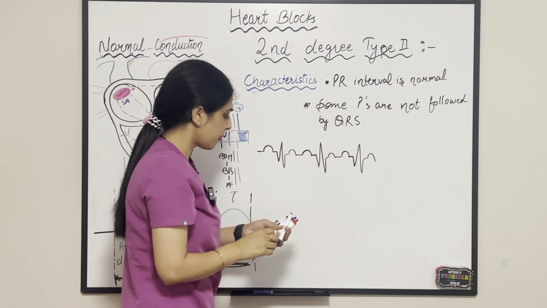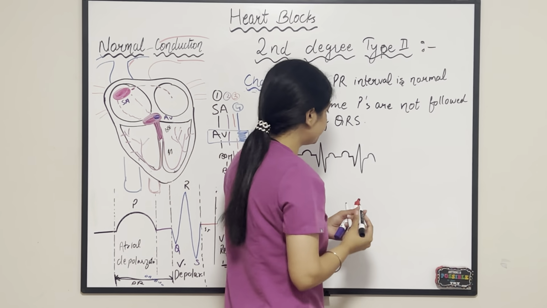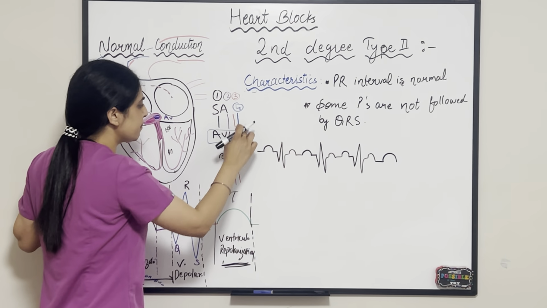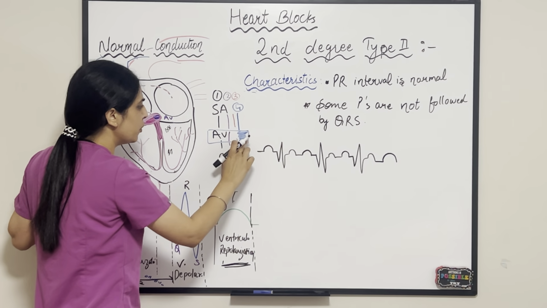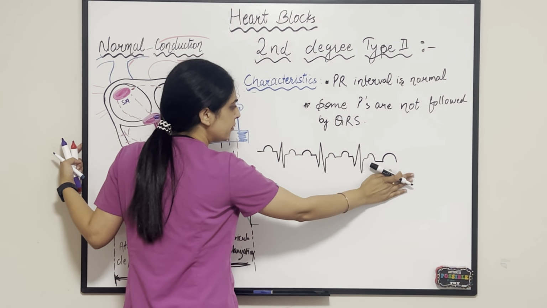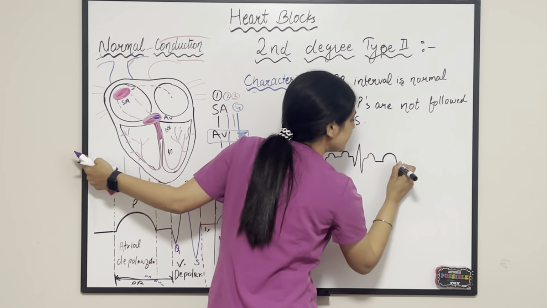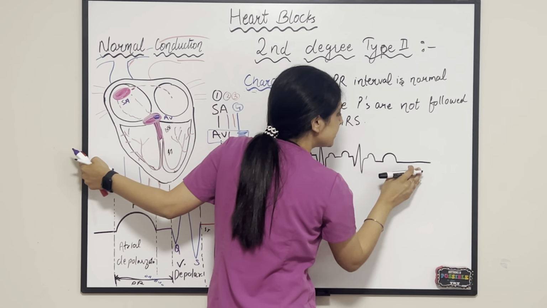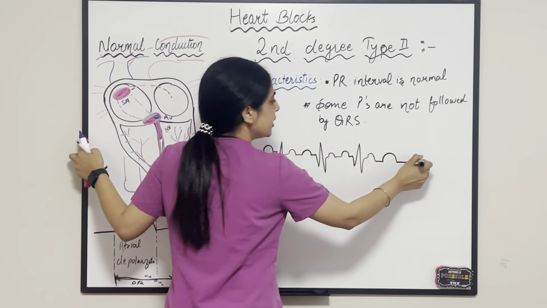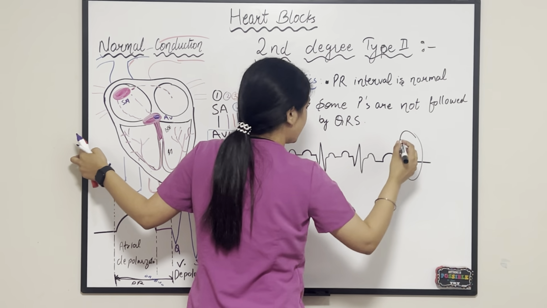So what happened? The P wave forms, because the SA node starts the impulse and it reaches the AV node. The P wave is normal, but because this impulse doesn't carry to the ventricles, there is no QRS complex.